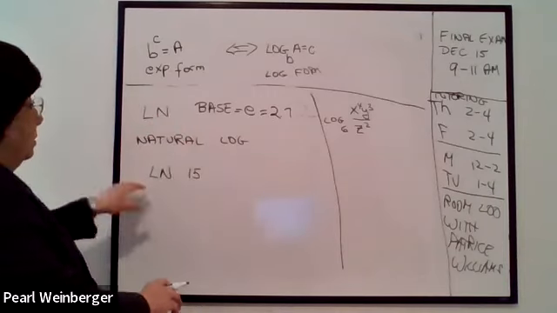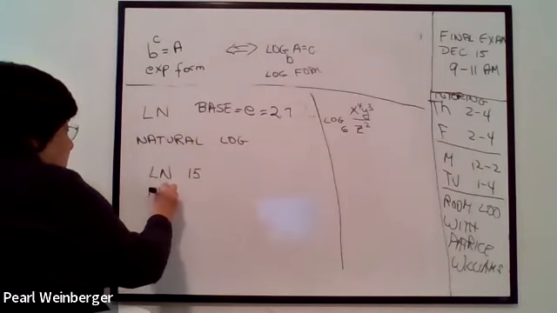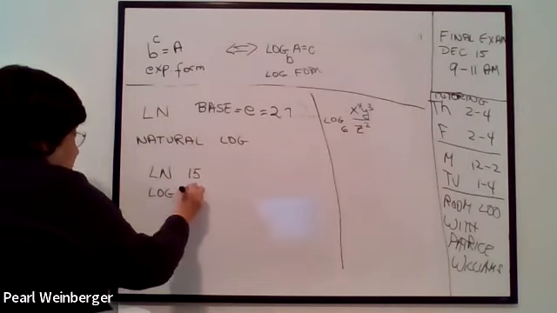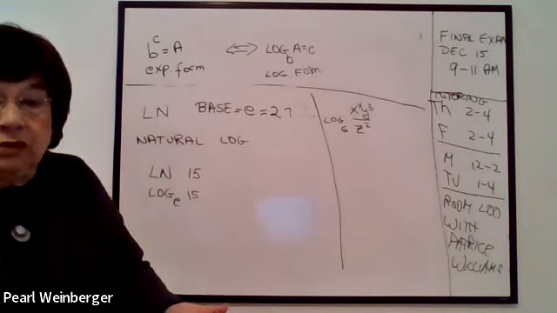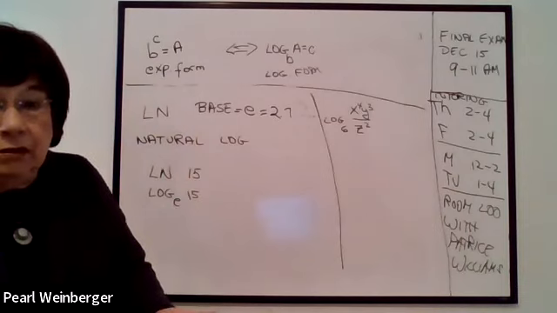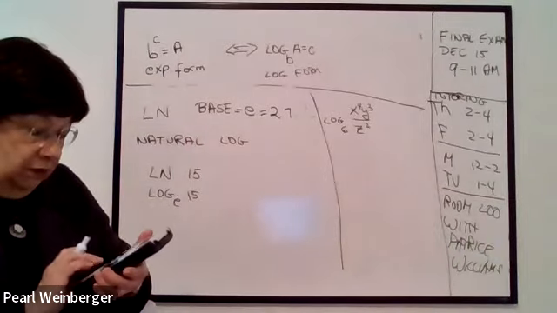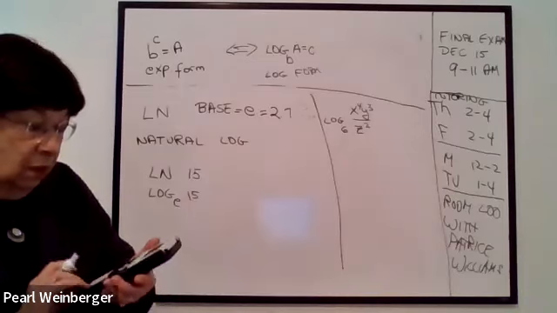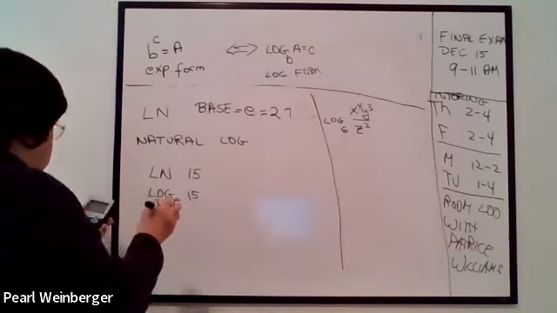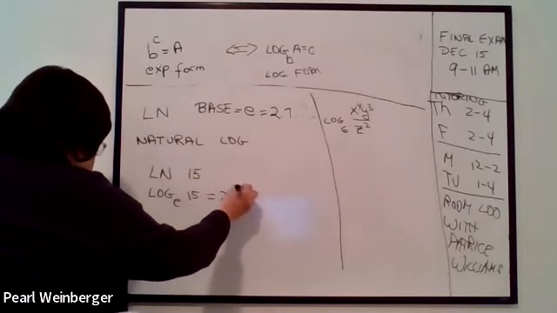So when I see ln 15, what I really am asking you to find is log base e of 15. Now, since you really don't know what the number e is, you can't really do this except with your calculator, because on your calculator, if you press the ln button and you put in 15, you'll get 2.708.